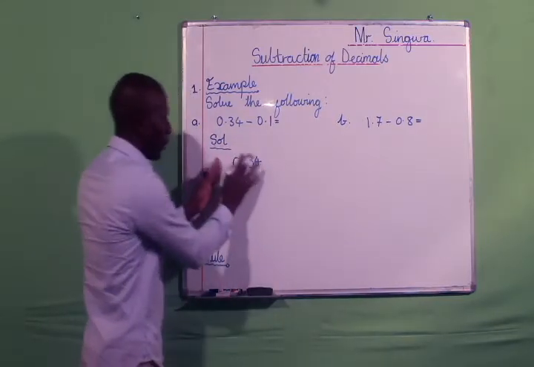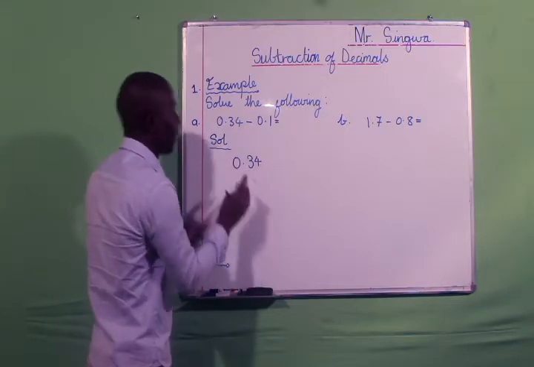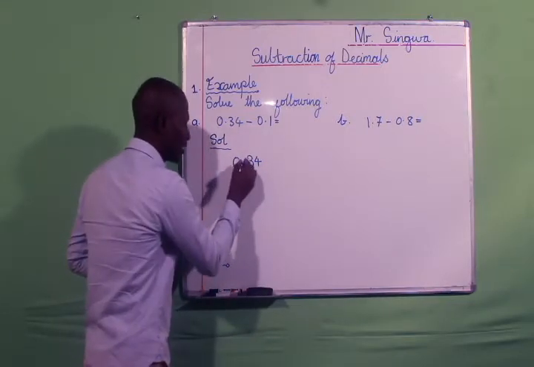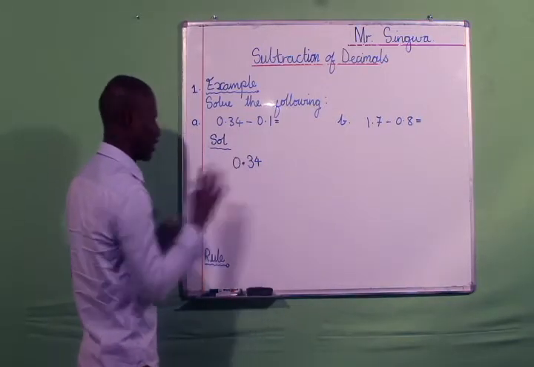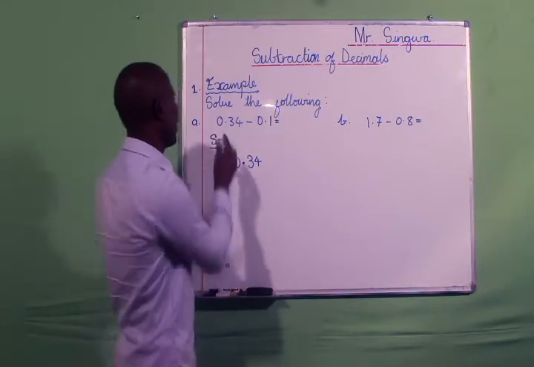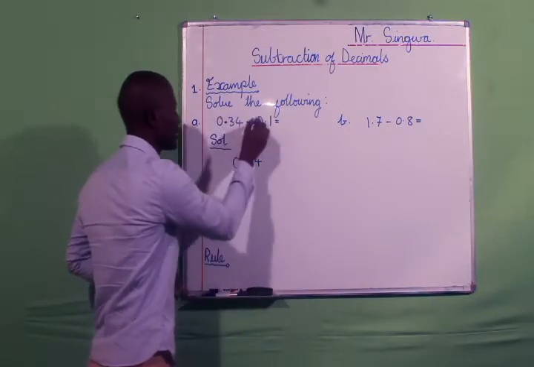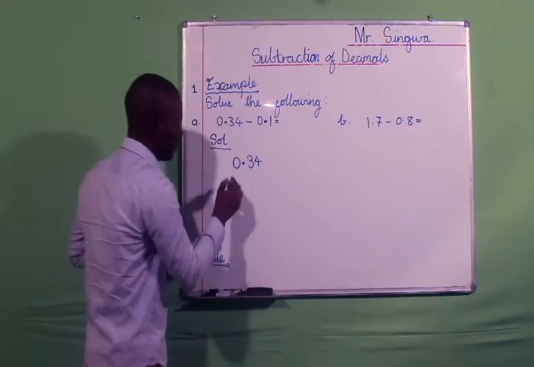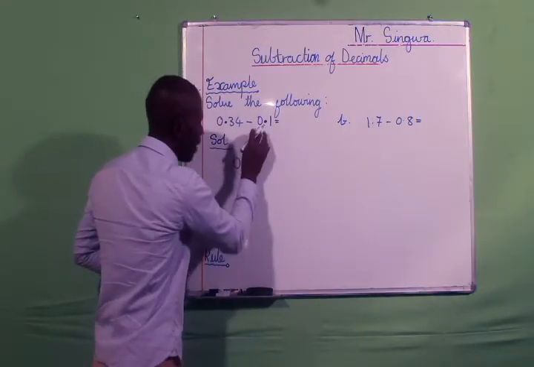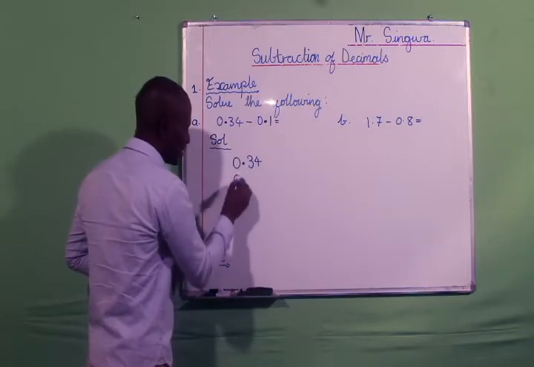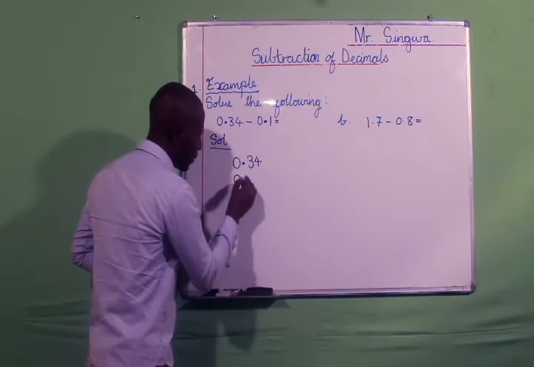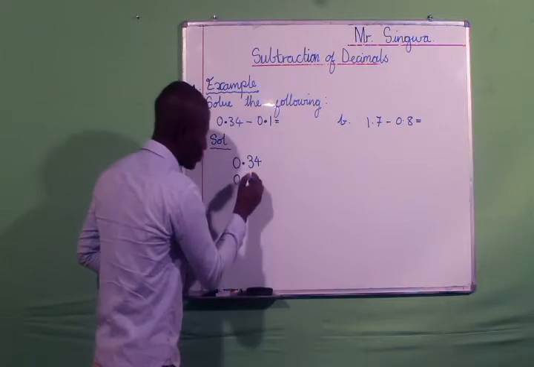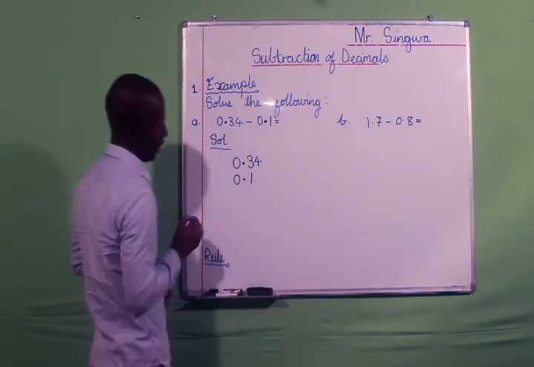When you write your 0.34 down there, remember the same rule applies in addition as well as subtraction, where you need to follow the decimal precisely. The decimal must be in a straight line. Here you have 0 representing the whole number, as well as 1 here. So you write your 1 here.